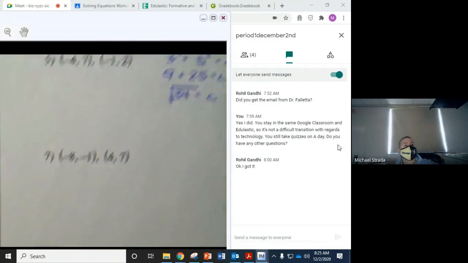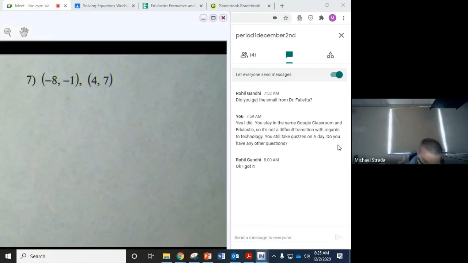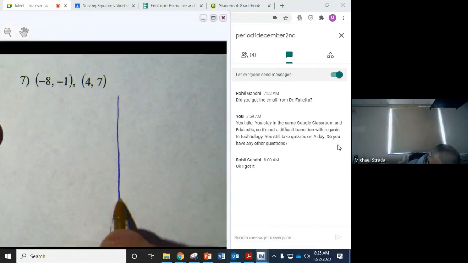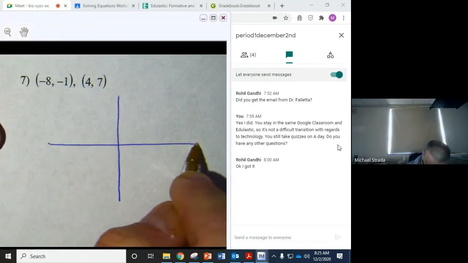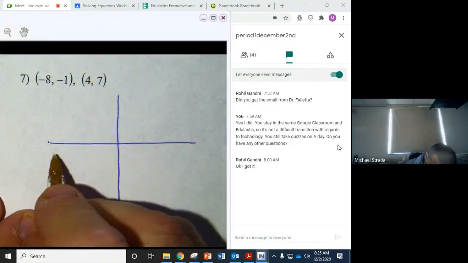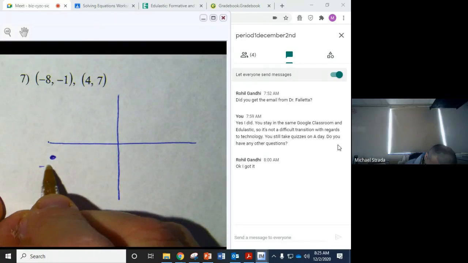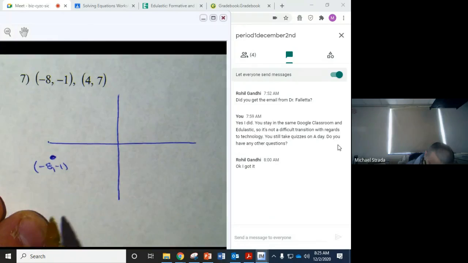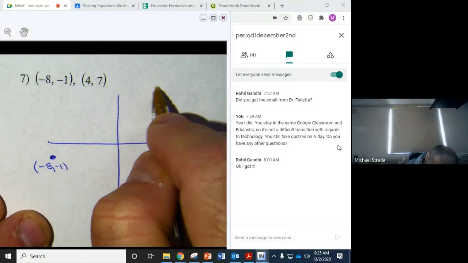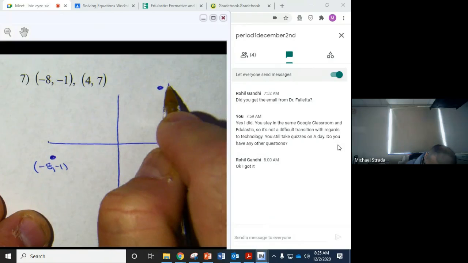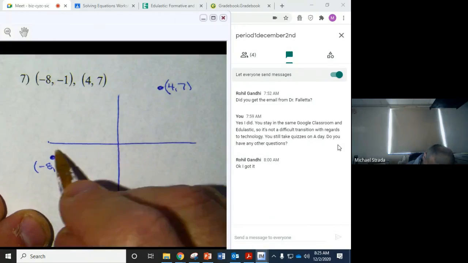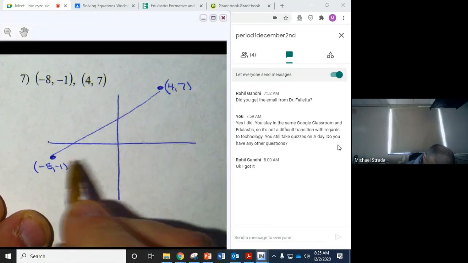Or like we said, and it doesn't have to be a perfect sketch, you just draw it out real quick. If we're looking at number 7, negative 8, negative 1 is going to be down there. 4, 7 is going to be up here. Again, it doesn't have to be perfect. You just want it in the right location to help you realize what you're doing.